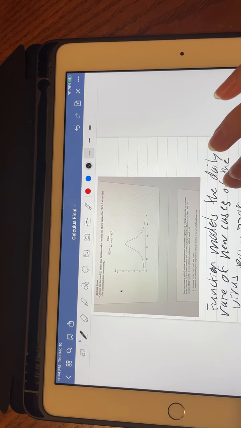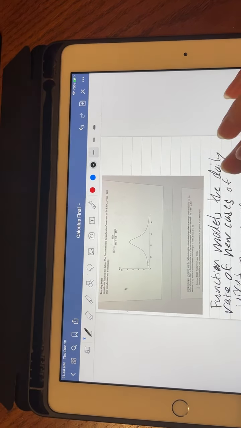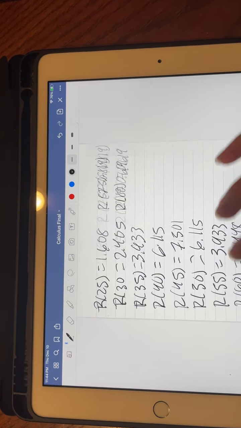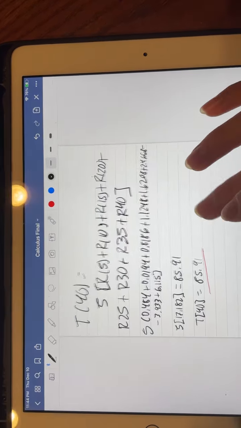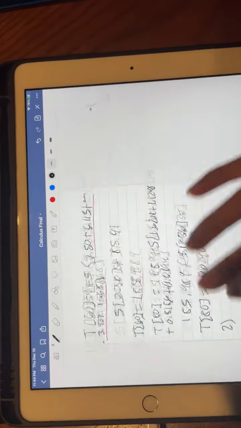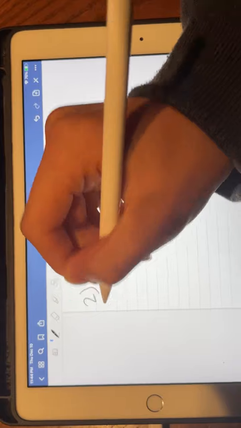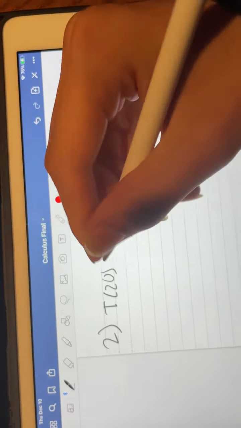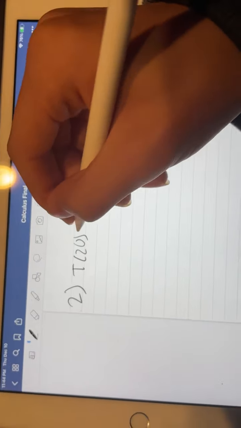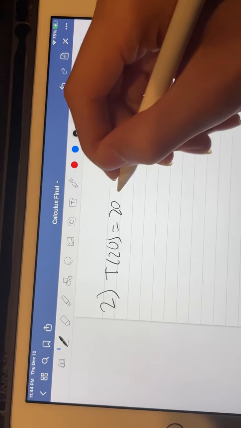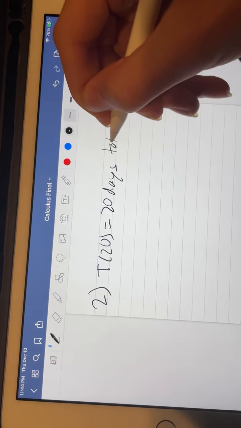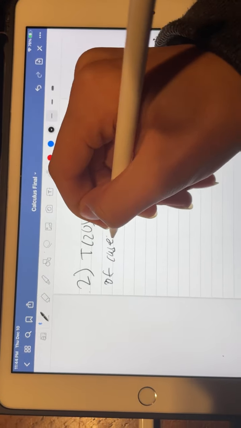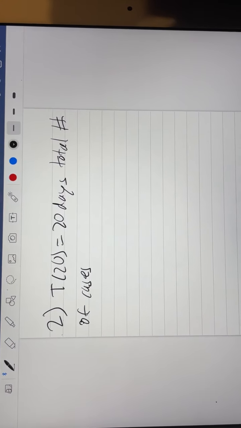From 20 to 40, it was rising, and then hit the maximum, the most it ever had. So for number 2, T20, after 20 days, it represents the total number of cases. And that's the same for all of them.